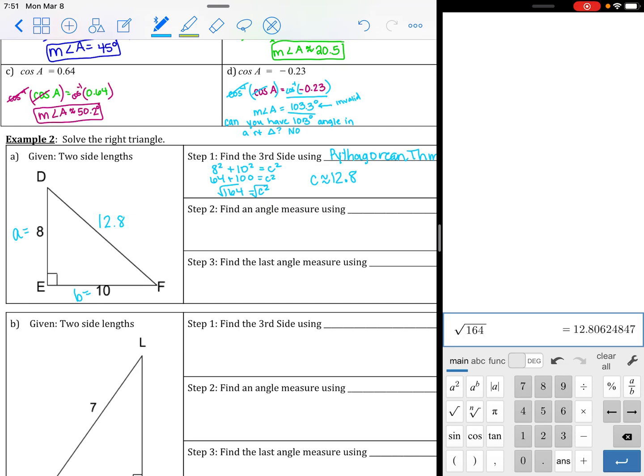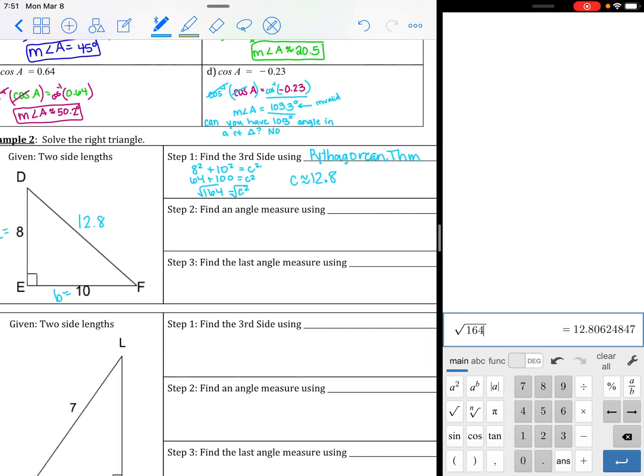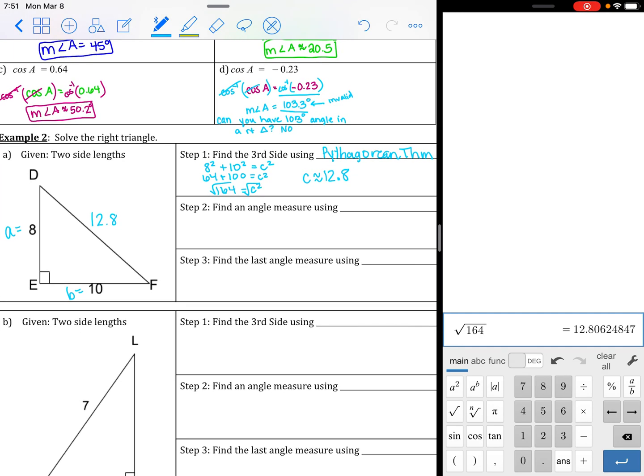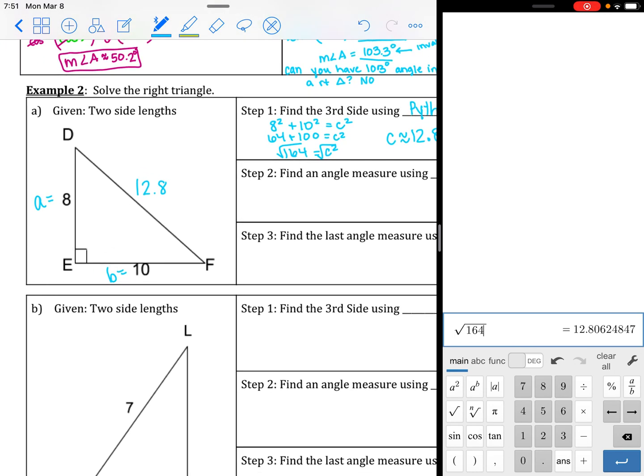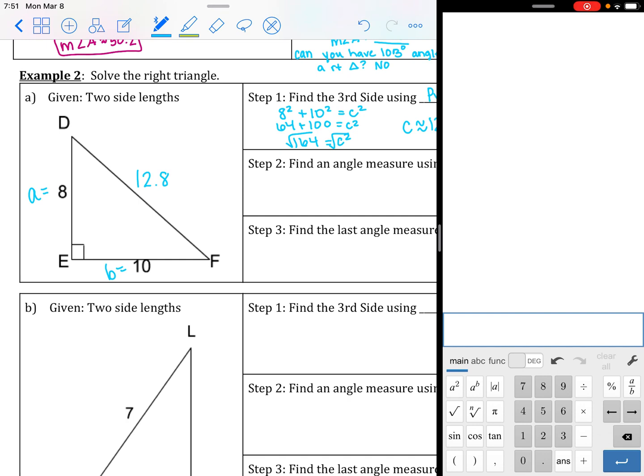So to find an angle measure, all I know is that I have a right triangle. To find the other angle measures, I'm going to use an inverse trig operation. So I'm going to set up a ratio based on what I have. Since I estimated the hypotenuse, I probably don't want to use it. So let's say that we're going to focus on finding angle D. So if I'm going to focus on finding this angle here, angle D, what I need to do is think about what place these two numbers fall in.